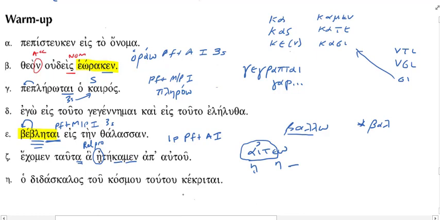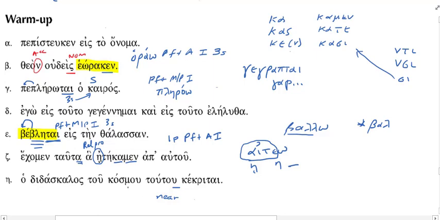Yes. What kind of word is toutou? Houtos. Yep, comes from houtos, haute, touto, which demonstrative? The near or the far demonstrative? It's the near demonstrative, so we're going to translate it as this. And since it's functioning as an adjective, it's got to agree with the noun in case, gender, and number that it modifies.